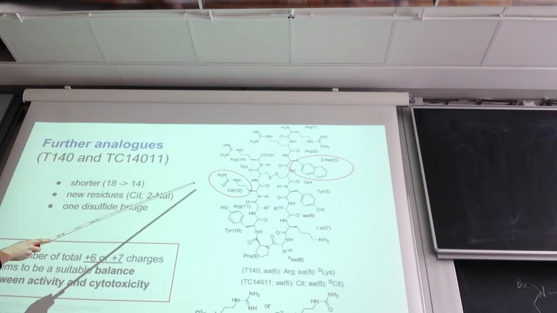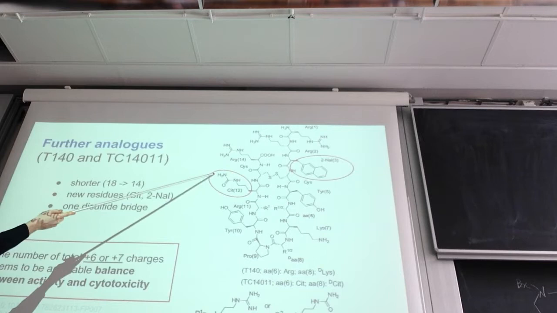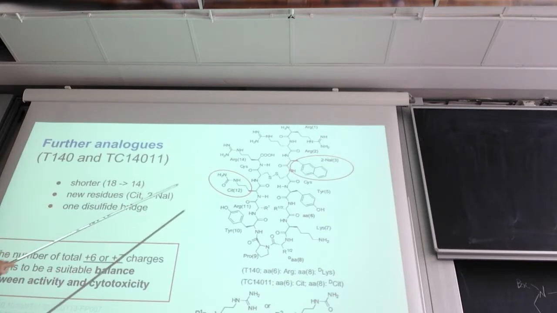Citrulline is an arginine-like isosteric analog, but it isn't charged. And you can see that now we have only 1 disulfide bridge. Also, scientists concluded that a total charge of +6 or +7 seems to be a suitable balance between toxicity and activity.